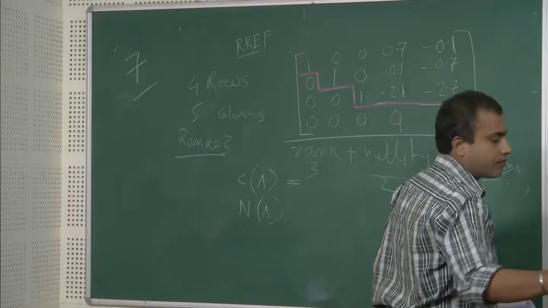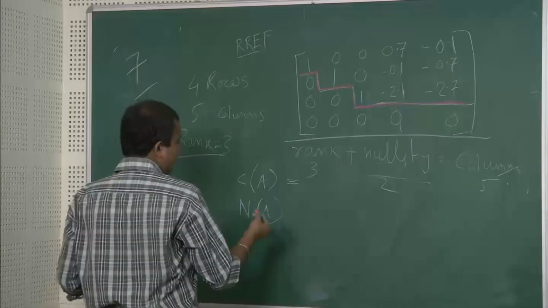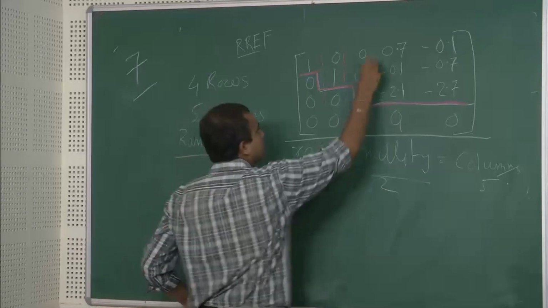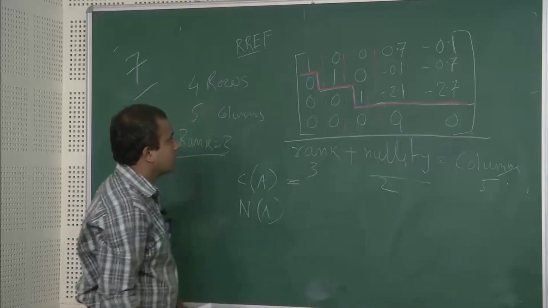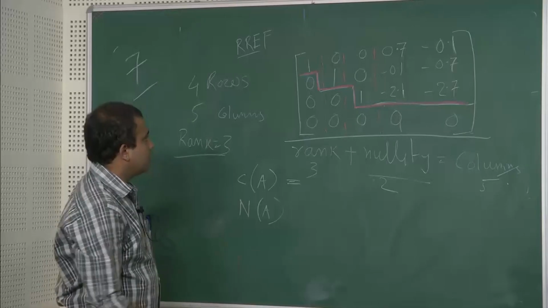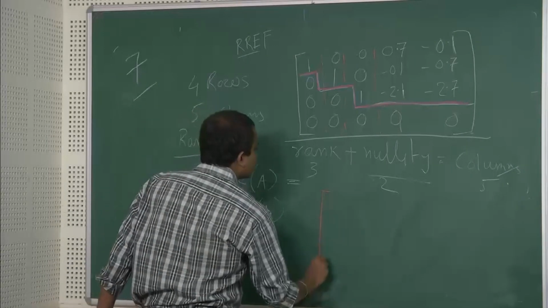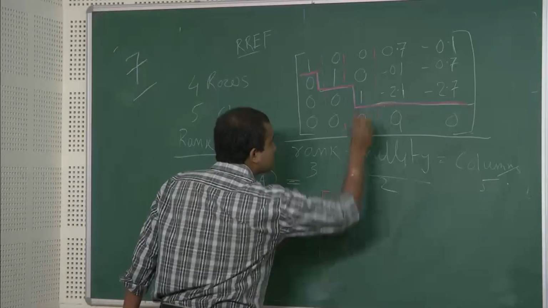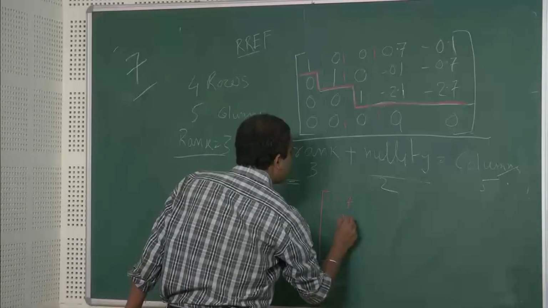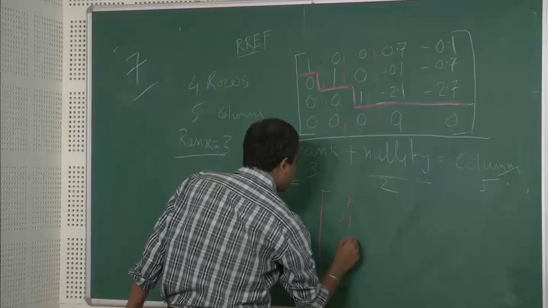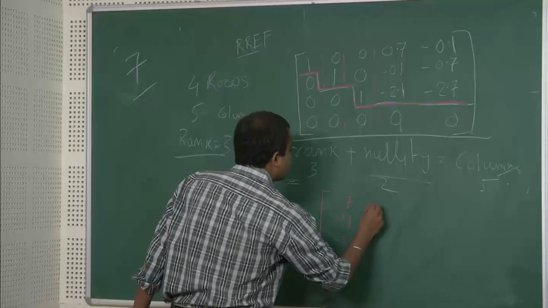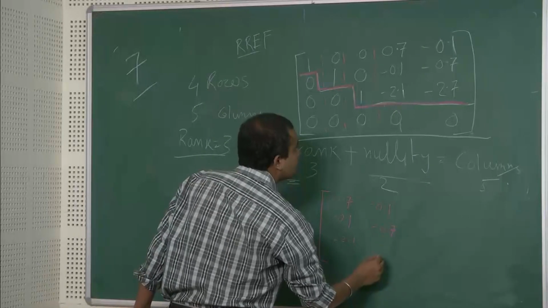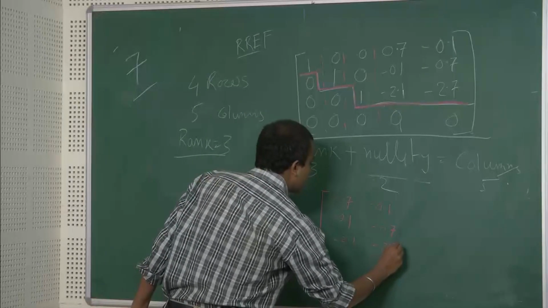So that's the form you should get, and from this you can figure out that these are the three independent columns from the structure. To describe the null space, we just take something like this, 0.7, just the entries, minus 0.1, minus 0.7, minus 2.7.